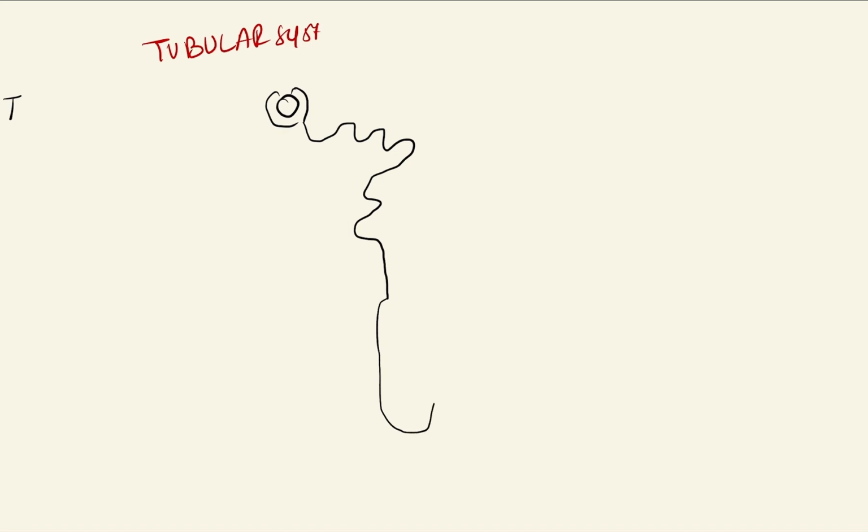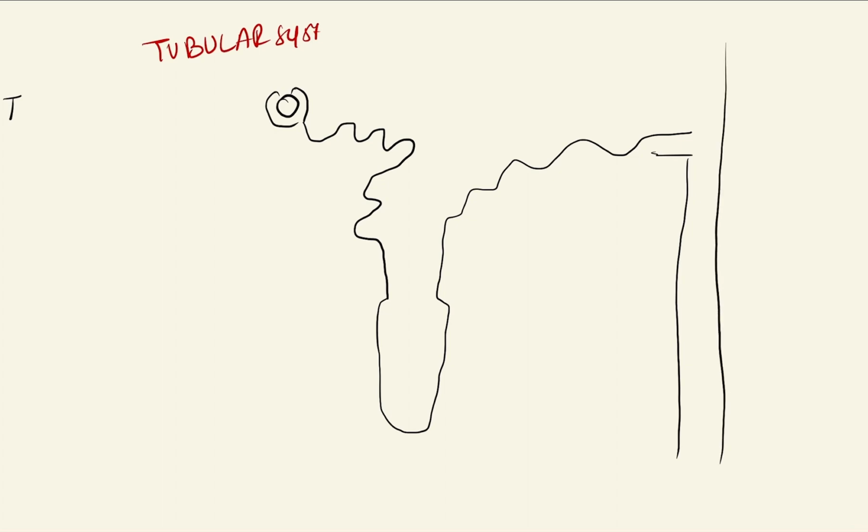thin ascending, distal thick ascending, and then distal convoluted tubule. This is getting connected to the collecting duct or tubule.